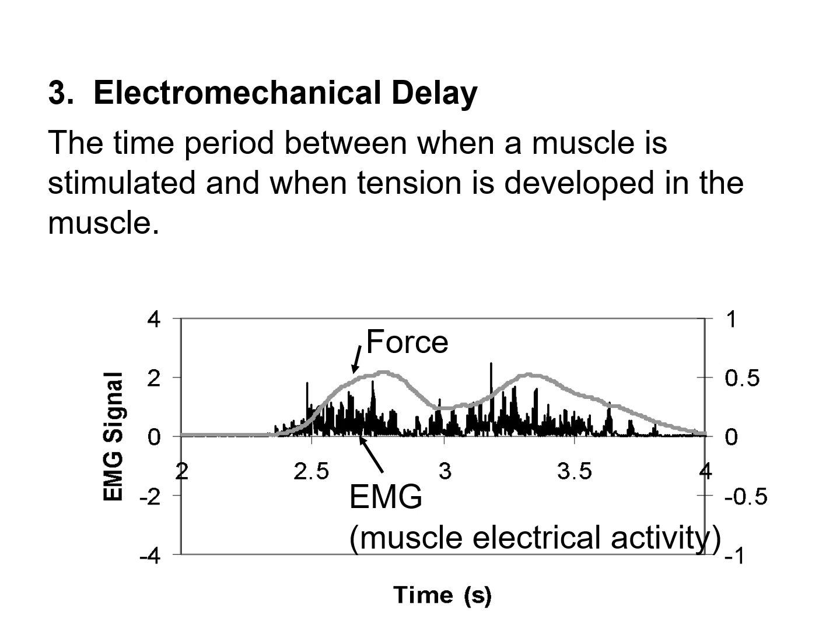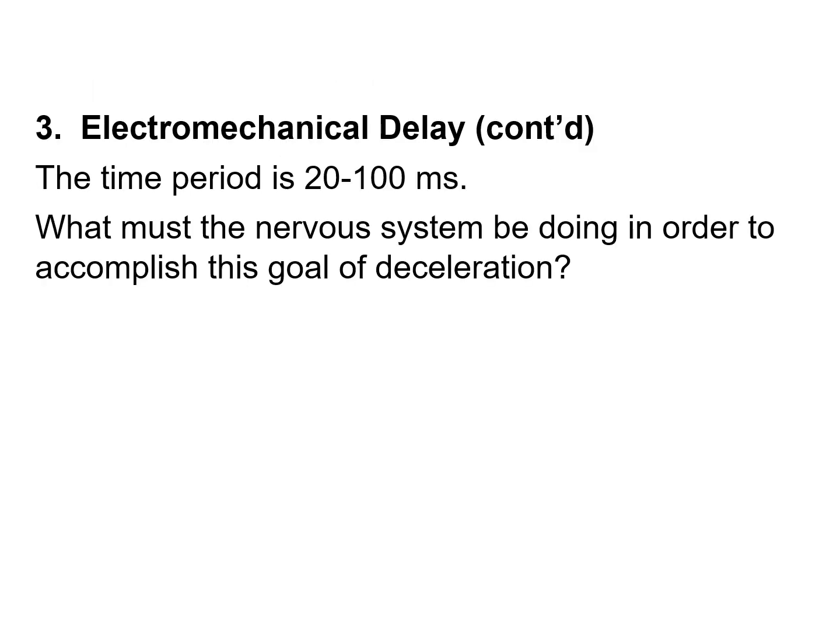So let's talk about our last two slides here, the electromechanical delay. This is the time period, roughly 20 to 100 milliseconds, between when a muscle is stimulated and when tension is developed in the muscle. This is around, once again, 20 to 100 milliseconds.